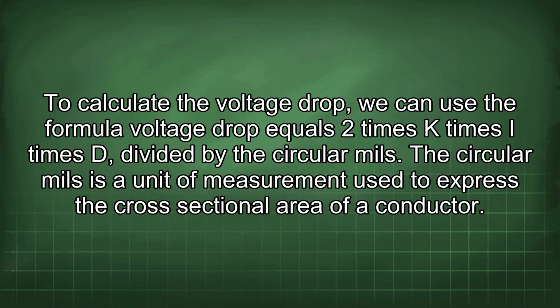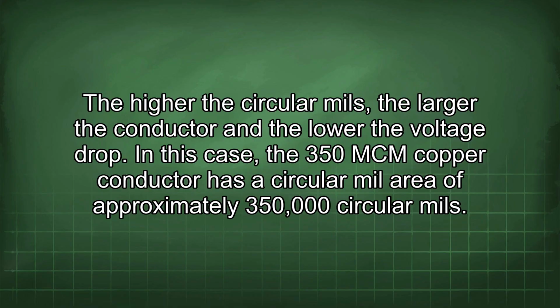To calculate the voltage drop, we can use the formula voltage drop equals 2 times K times I times D divided by the circular mils. The circular mils is a unit of measurement used to express the cross-sectional area of a conductor. The higher the circular mils, the larger the conductor and the lower the voltage drop.